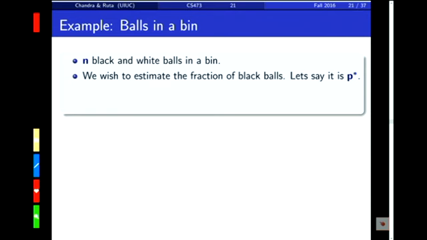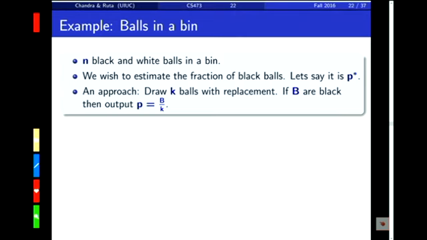Sample, right? That's the thing we always do, sample. So suppose I sample with replacement. I sample, look at the color, put a bar if it's black, put it back.